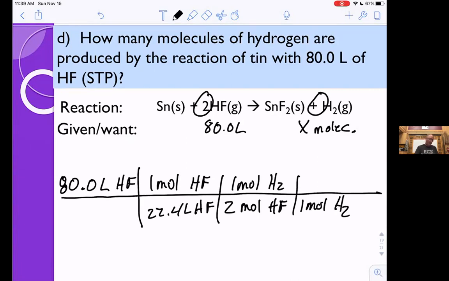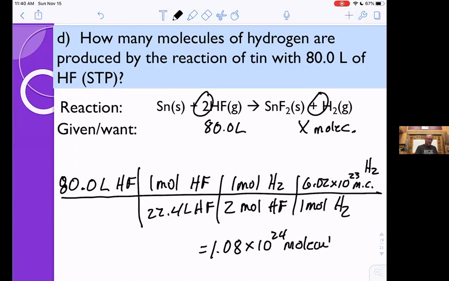It asked for molecules. So I'm going to use Avogadro's number, 6.02 times 10 to the 23rd molecules of hydrogen. The answer I got, hopefully the same as yours, 1.08 times 10 to the 24 molecules. Since I've got some room, I'll just write it all out.